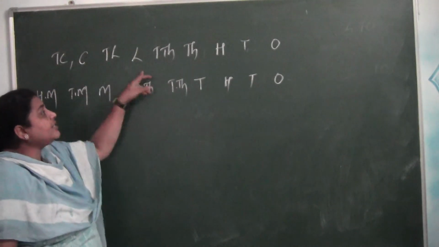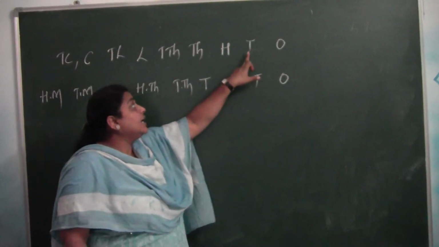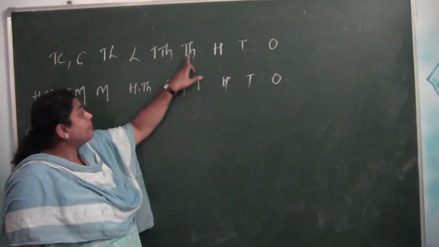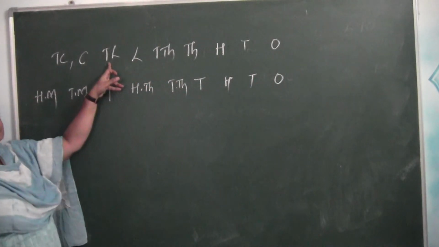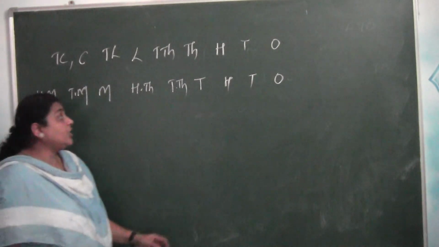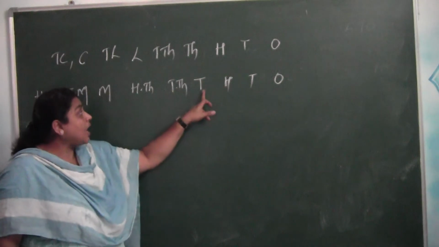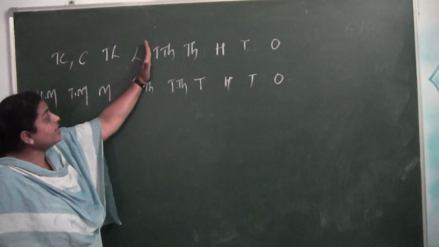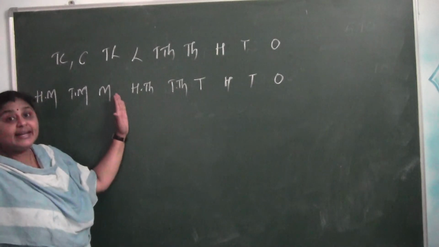See children, in the Indian place value system, we have ones, tens, hundreds, thousands, 10,000s, lakhs, 10 lakhs, crores and 10 crores. Coming to the international place value system, ones, tens, hundreds, thousands, 10,000s, still here it is the same. But next to that it changes.